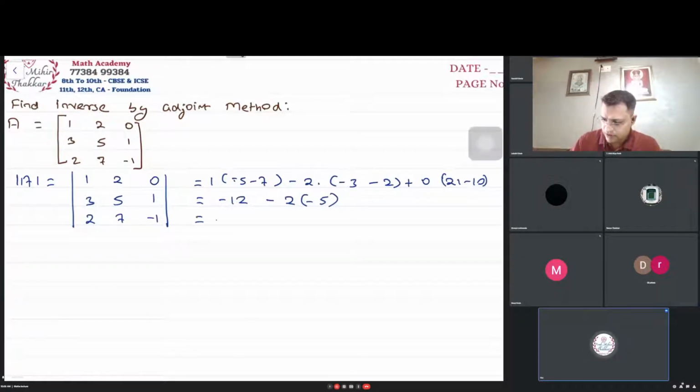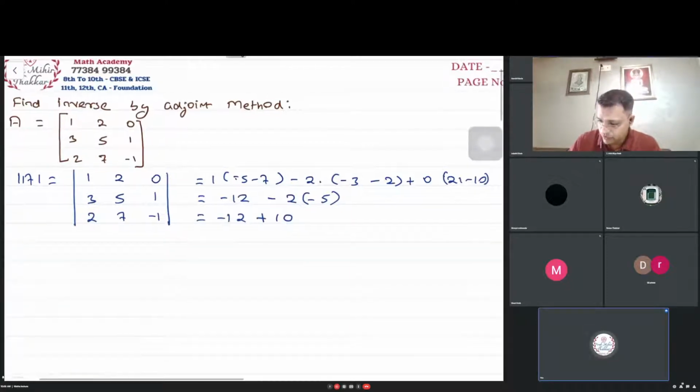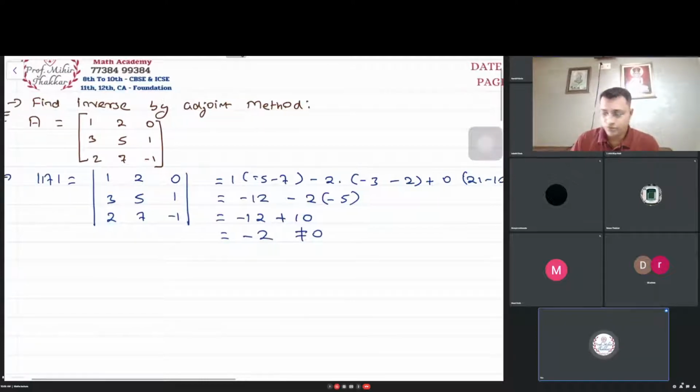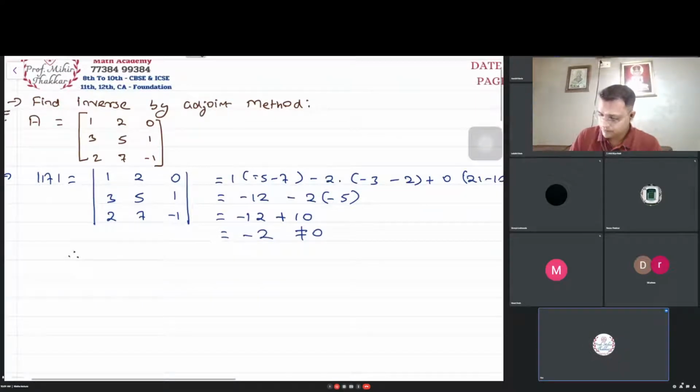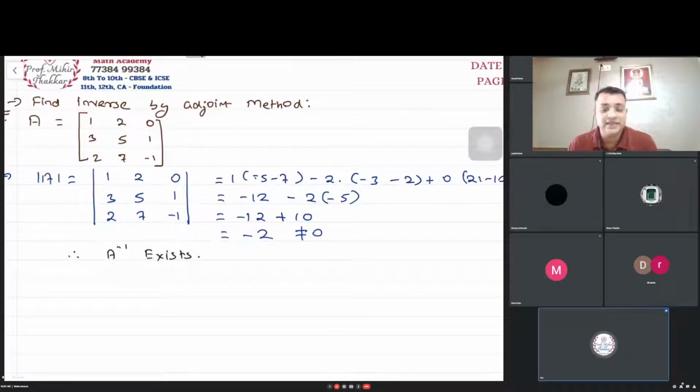So this is -12 and plus 10, which is equal to -2. This is not equal to 0, and by default I can say that therefore A inverse will definitely exist. So I have got the answer as A inverse exists.